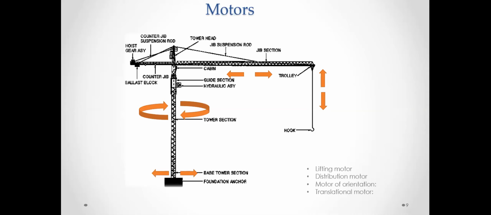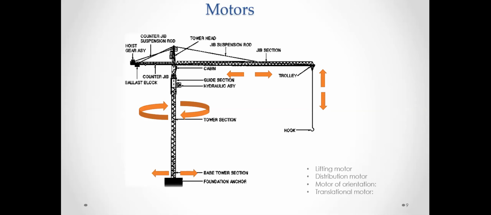The lifting motor allows the vertical movement of the lift. The distribution motor gives the movement of the trolley along the jib, and then we have the orientation motor, which allows the rotation of 360 degrees in the horizontal plane.